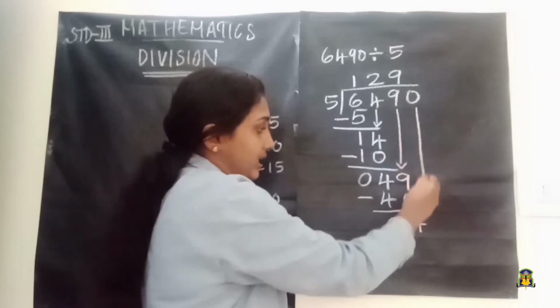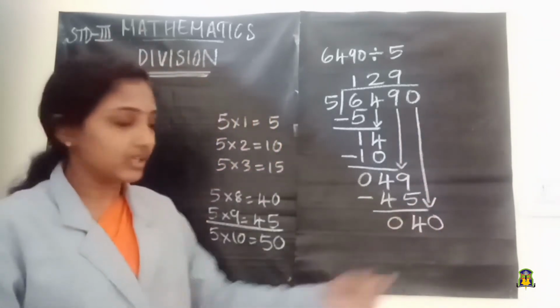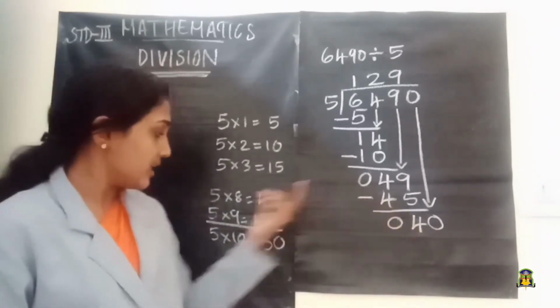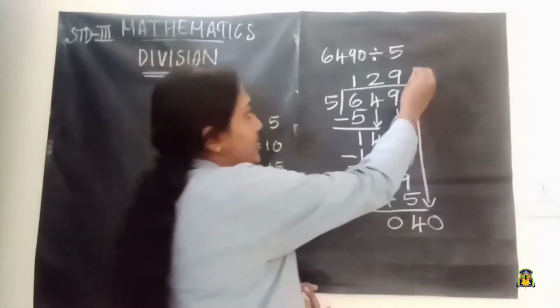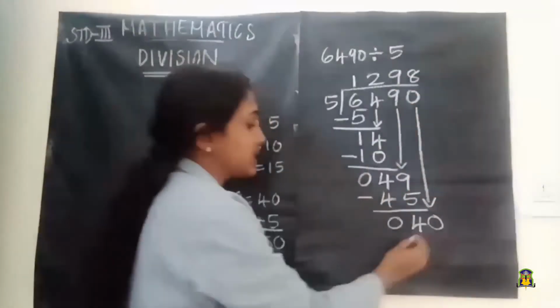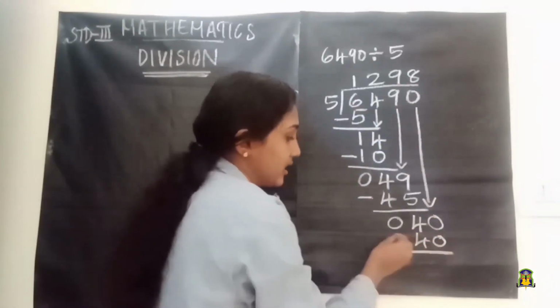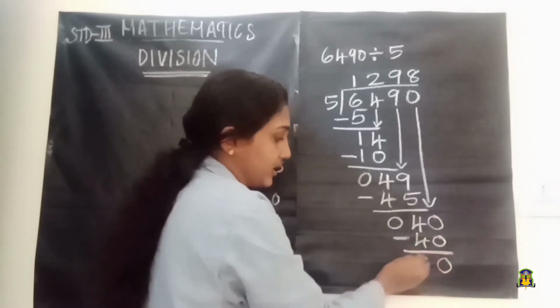And bringing down the next digit, it is 0 here. Okay. Now the number is 40. And how many times can we find 40? 5 into 8 is equal to 40. Right. So in the quotient place we will write 8. So it is 5 into 8 is equal to 40. On subtracting, it's 0 minus 0, 0 here.